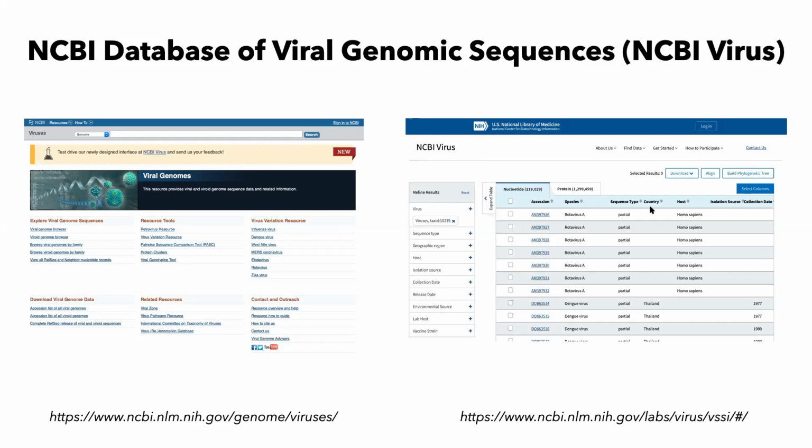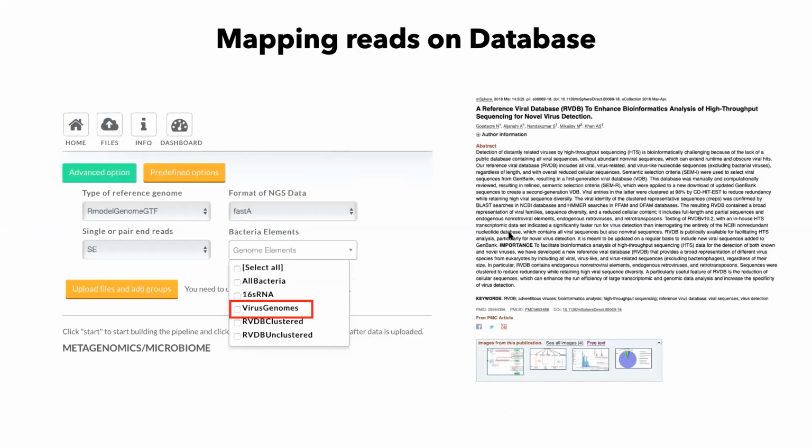Where did they come from? How they were generated, etc. So we can map on all of these sequences. So if we go to the metagenomics section, we can input the raw sequence of those reads and align them to the virus genomes.